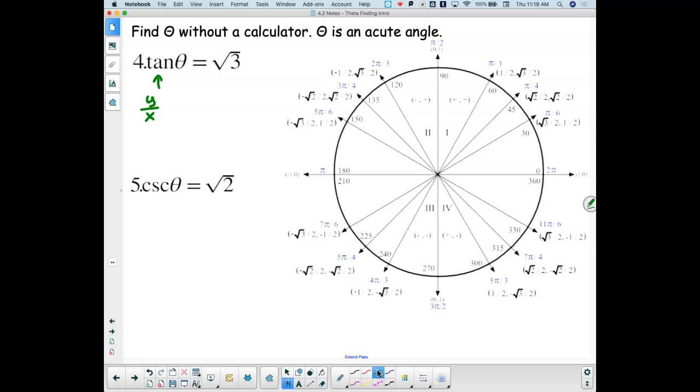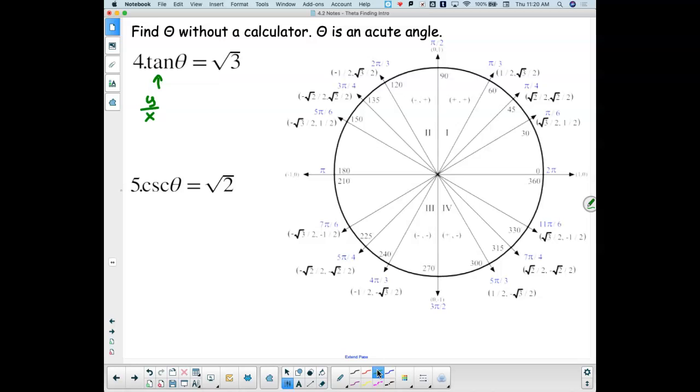Which one can I automatically throw out? Pi over 4. Why can I throw pi over 4 out? It doesn't have square root of 3 in it, so it's gone. What else can I throw out? 0 or 2 pi, right? Because it doesn't have square root of 3 in it. It's gone. What else can I throw out? Pi over 2, because pi over 2 doesn't have it in there.